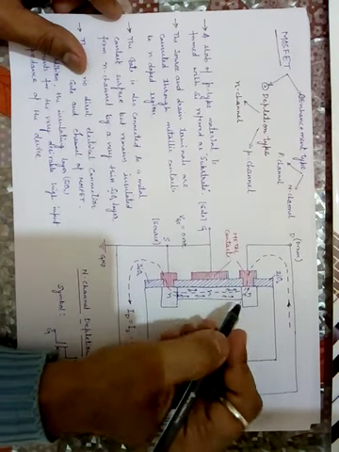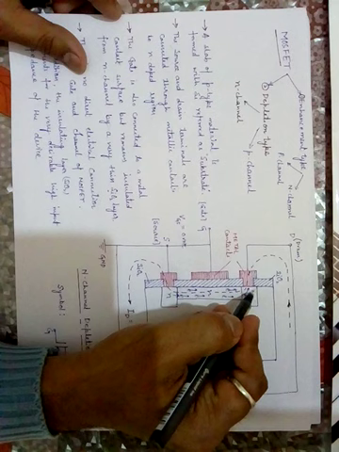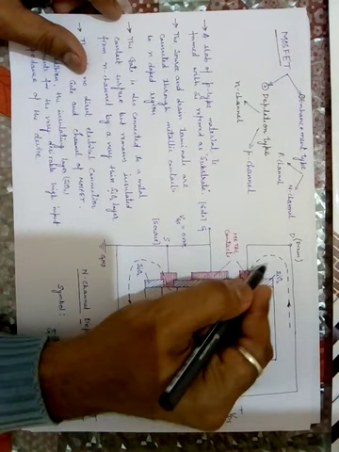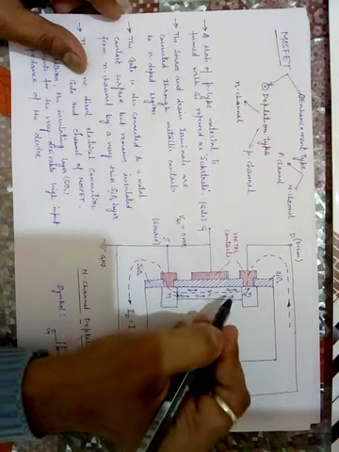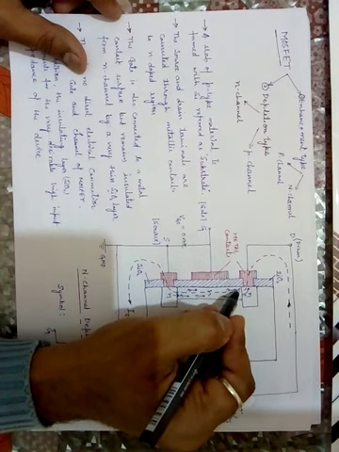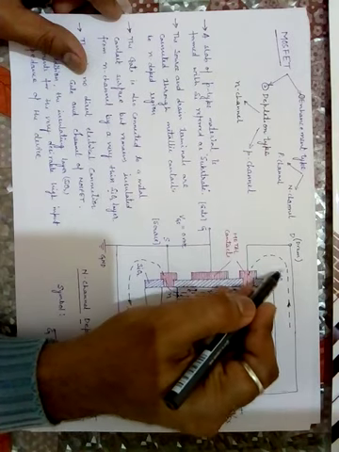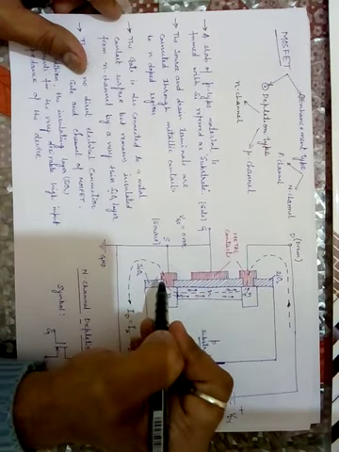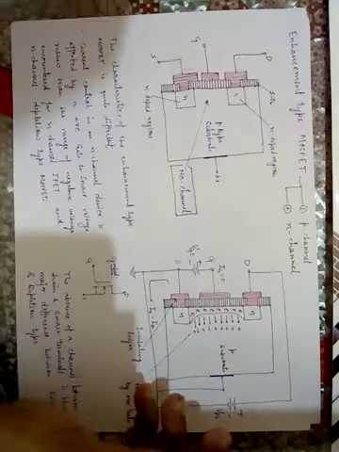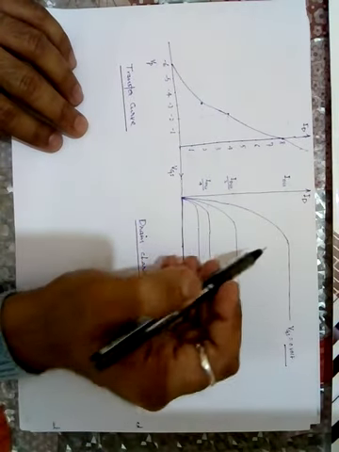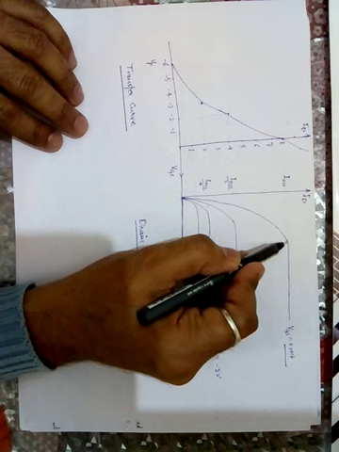And when the depletion region increases to such a level that there is no path by which electrons can flow, the path is very thick, so electrons cannot move further. At that condition, resistance tends towards infinity.